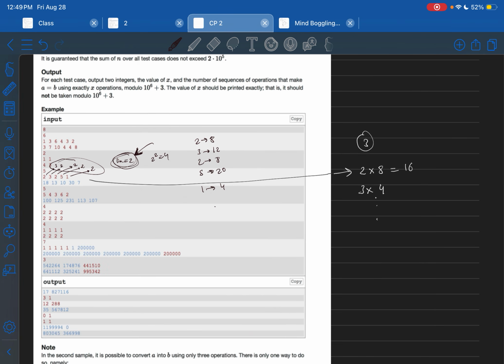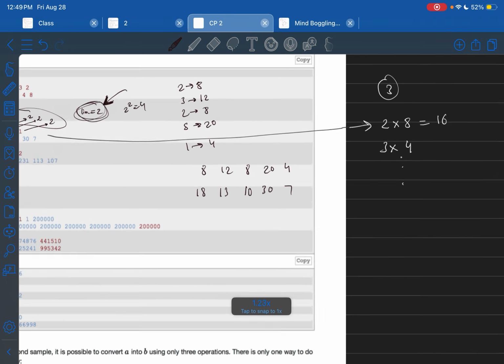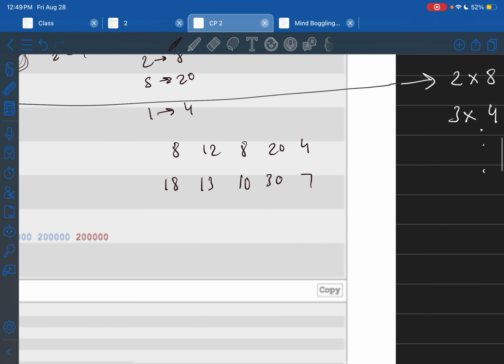So the array basically becomes 8, 12, 8, 20, and 4, and I'm supposed to convert it into 18, 13, 10, 30, and 7. Now I can store what is called a remainder, like even after doubling, how much I need to still add. Okay, so the remainder here is 10, the remainder here is 1, the remainder here is 2, the remainder here is 10, and the remainder here is 3.